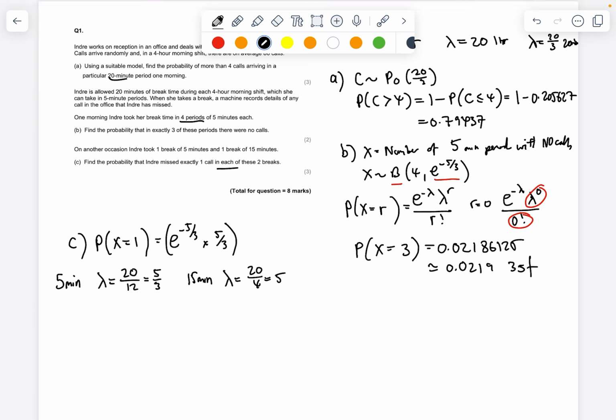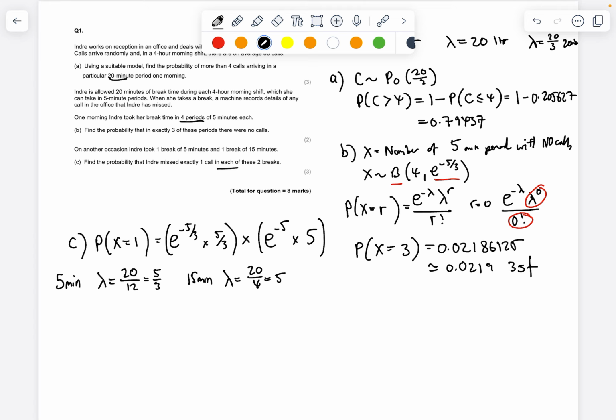And that's our 5-minute. And then for the 15-minute, we're going to get e to the minus 5 times 5, again e to the minus lambda times lambda to the power of r, over 1 factorial.